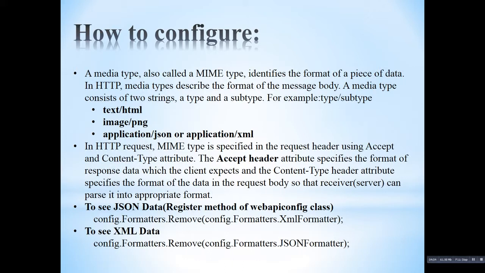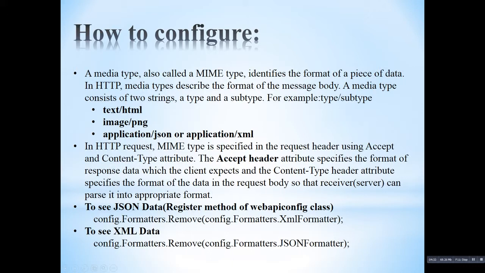In an HTTP request, the MIME type is specified in the request header using the Accept and Content-Type attributes. The Accept header attribute specifies the format of the response data. So while we are sending a request, we have to give the Accept header and Content-Type.